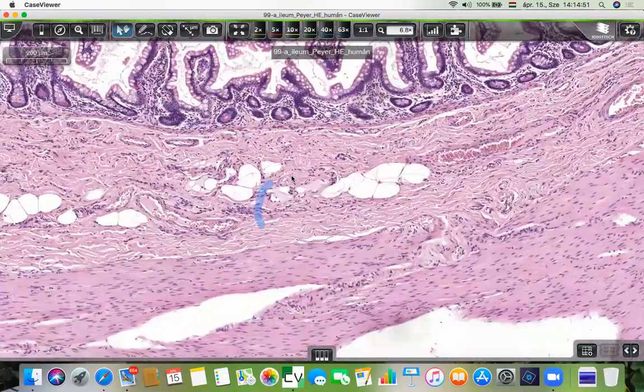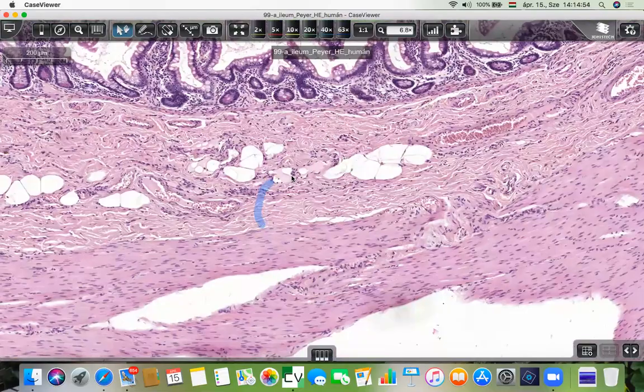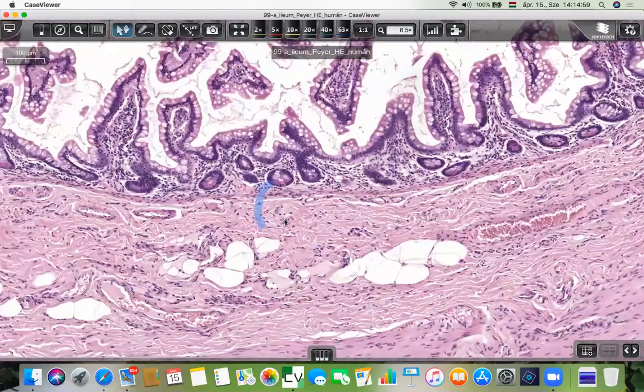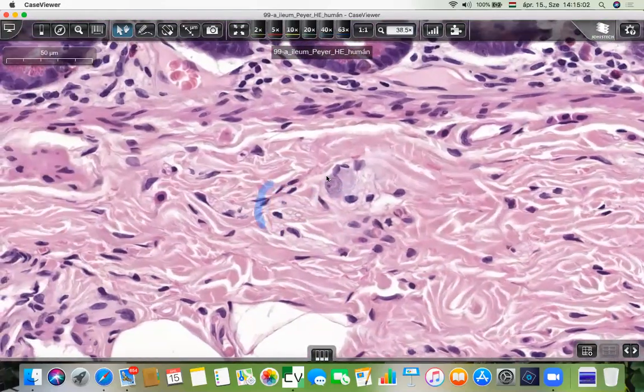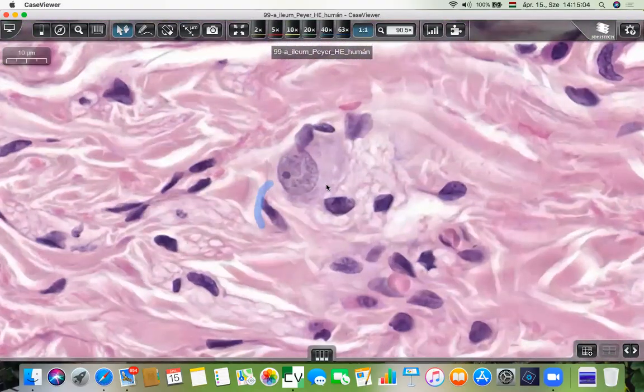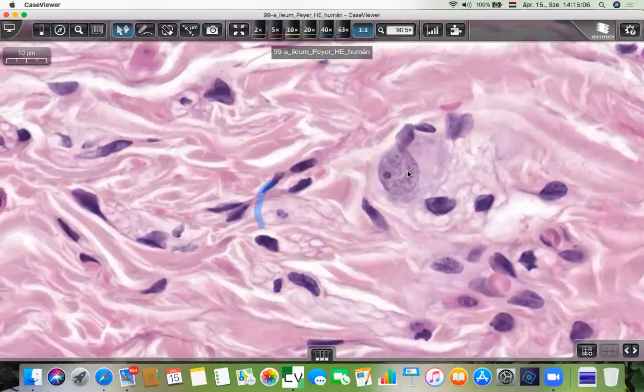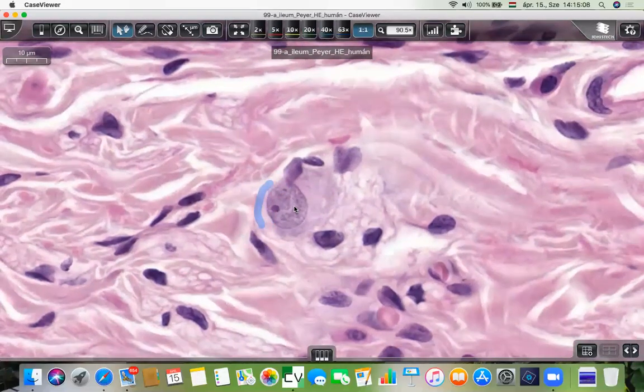Dr. Katz, yes? Can you repeat what you said about Meissner's plexus? Part of the enteric nervous system. There. Maybe it's better. It's here. So this is a ganglionic cell, a parasympathetic ganglionic cell.